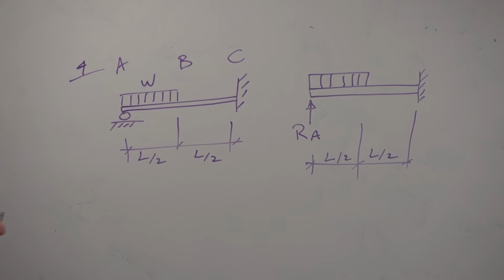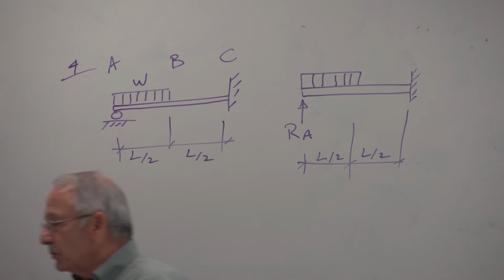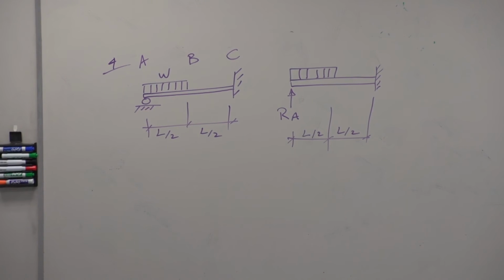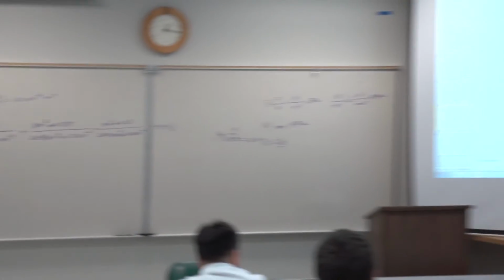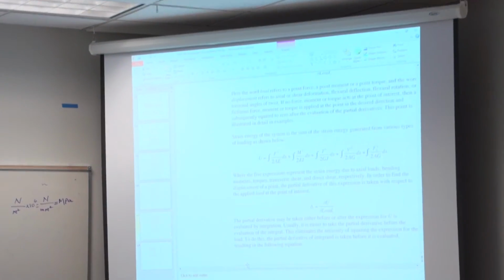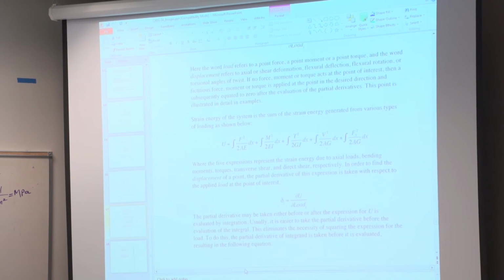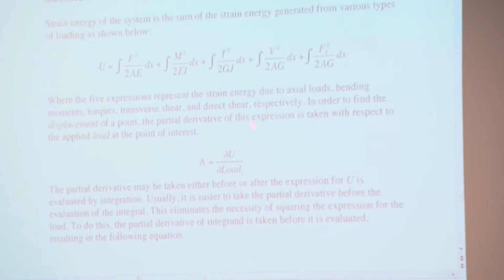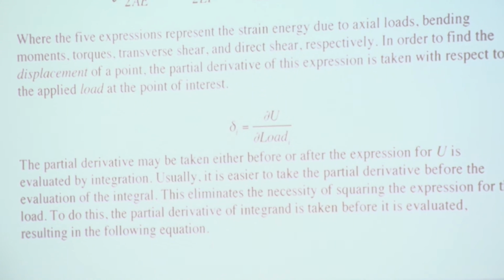So remember what Castigliano says, that the deflection at any point due to a point load, in this case that point load is actually a reaction, is equal to the partial derivative of the strain energy due to all loads with respect to that point load.